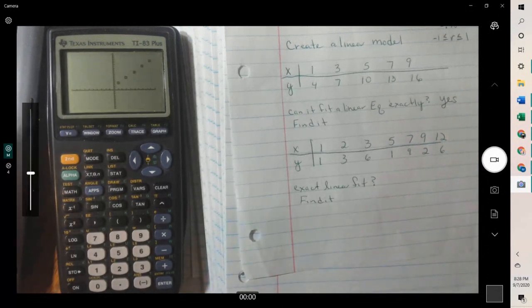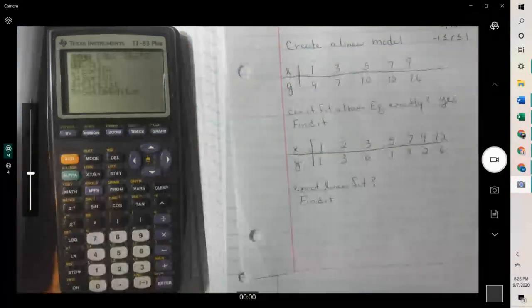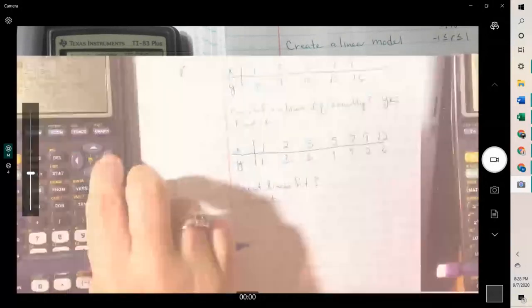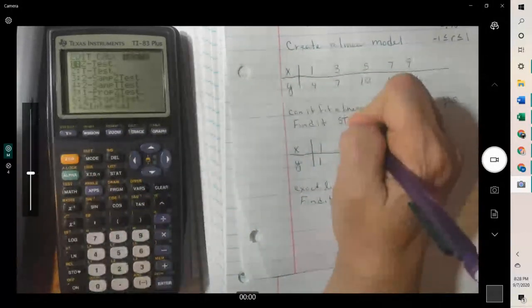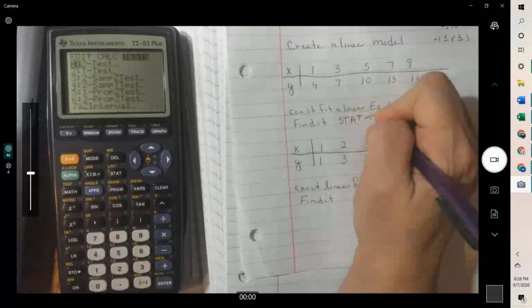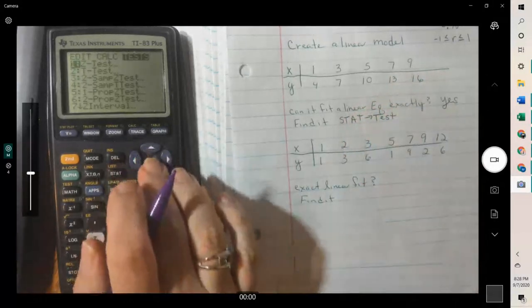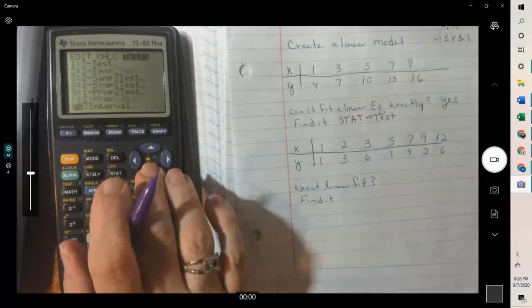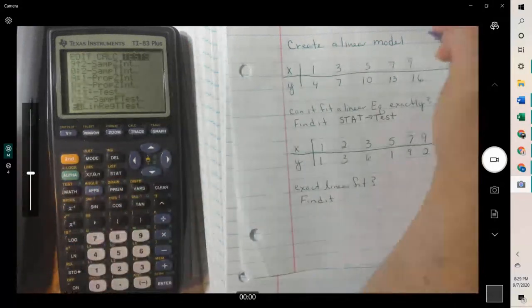Now to find that linear equation, back to STAT, go to TESTS. And then go down till you see LinRegTTest, the linear regression test.